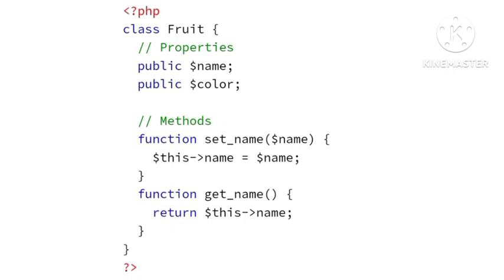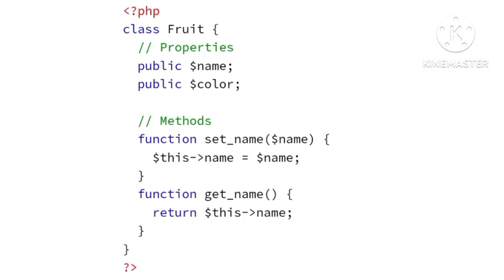And we have made two of them: one is name and the other is color. To make a variable, which means a property in PHP OOP, we need the $ sign before it. And we have not given any value because we are thinking of assigning the value later on.